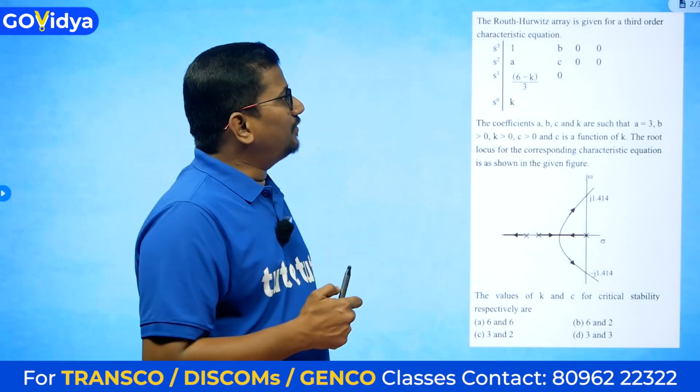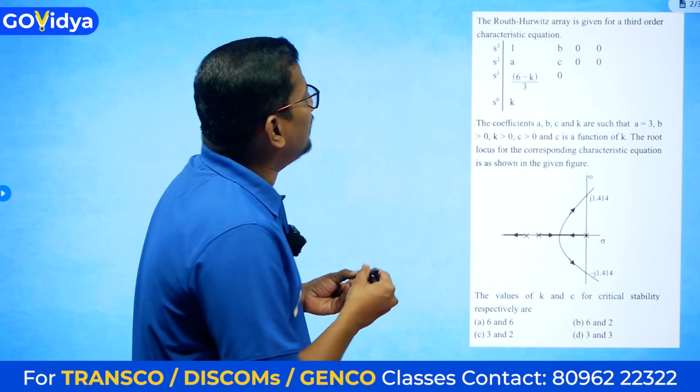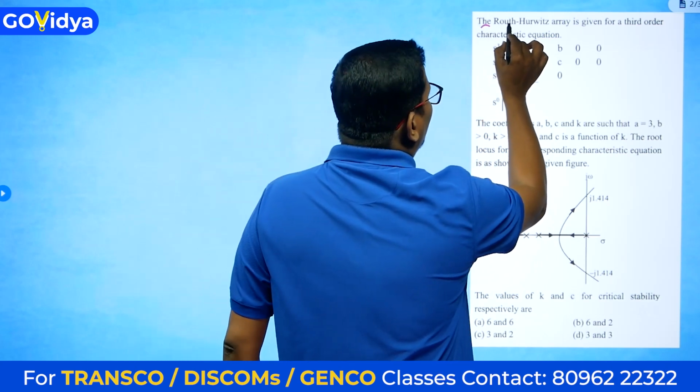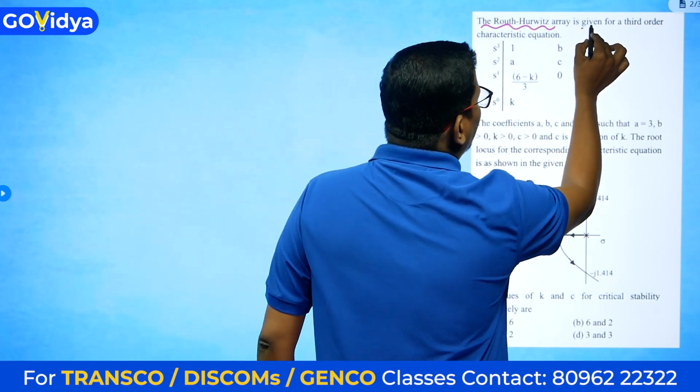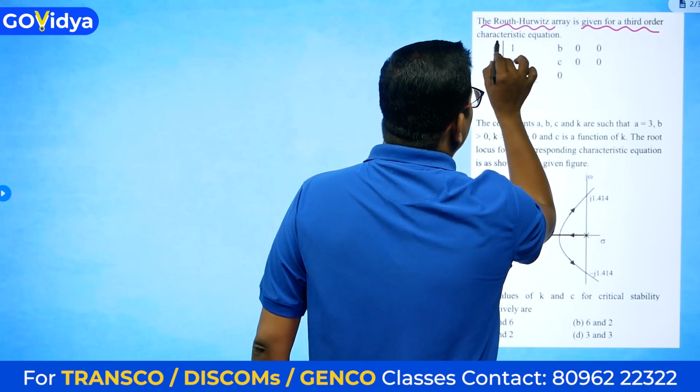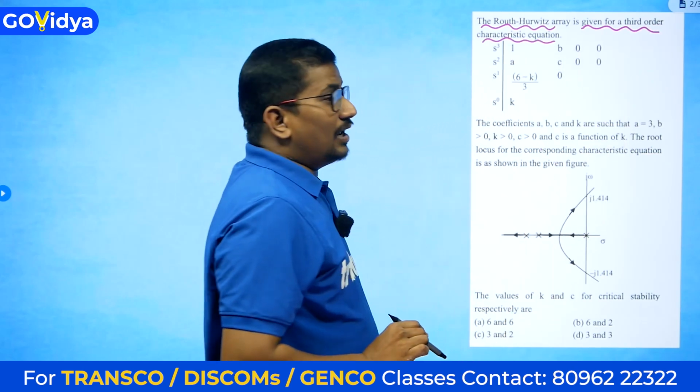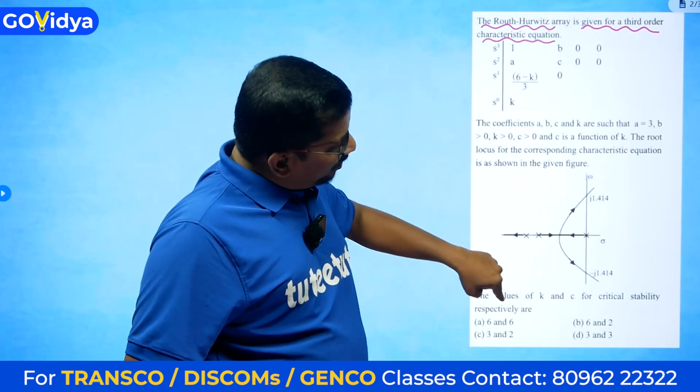In this question, they have clearly given the Routh-Hurwitz array of a third order characteristic equation, and its corresponding root locus.